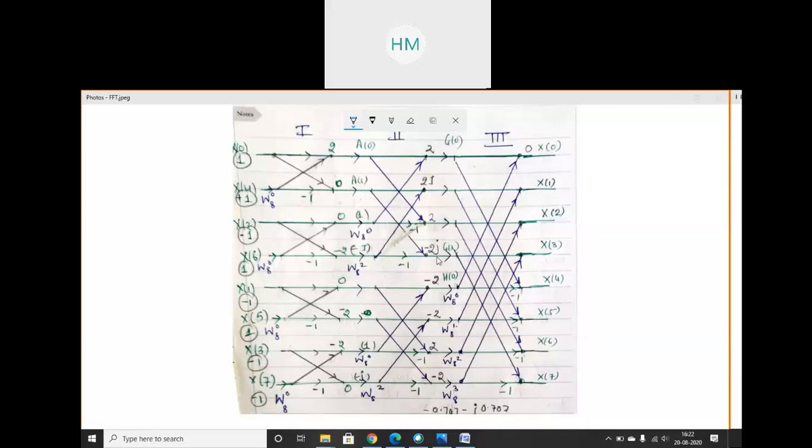Again a little bit complicated term you will get. So you will get minus 2j minus of 1 upon root 2 minus of j upon root 2. x of 7 आ गया. j कॉमन निकाल लो.